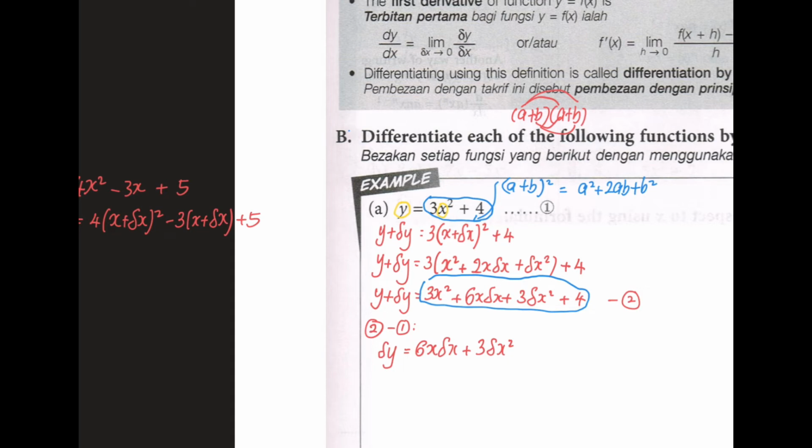Okay, then don't forget our direction. We want to get delta y over delta x. Okay, so now we have delta y. To get delta y over delta x, we divide by delta x on both sides of the equation. Then we get delta y over delta x on the left.